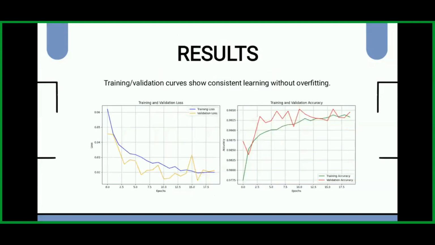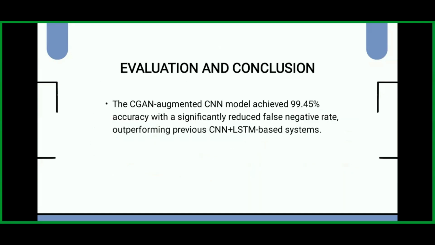So these are the results and the training and validation graphs, which are continuous, because we perform this for multiple epochs, and after every epoch we got improved results and better performance, and there is no overfitting, as you can see on the graph.